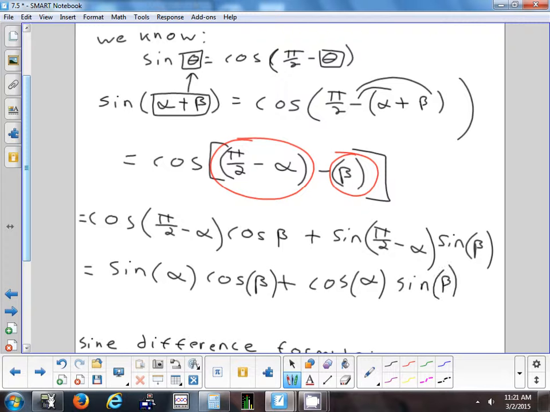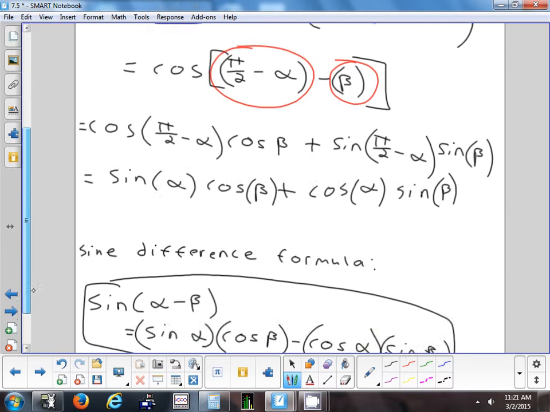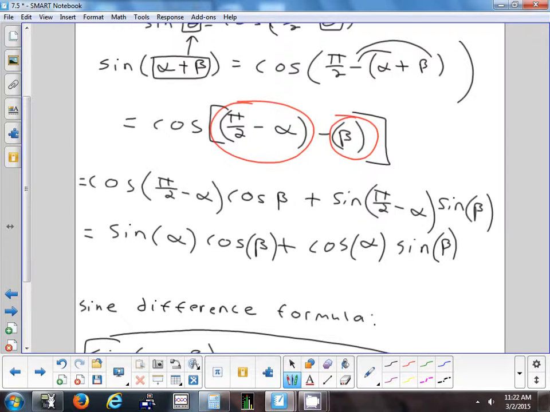This is your formula for the sine of a sum. Okay. It's sine of the first angle times cosine of the second, plus cosine of the first angle times sine of the second angle. Now they're getting a little trickier to remember. But when you have sine of a sum, it does use a sum. It's not cosine with cosine and sine with sine. It's one of each.